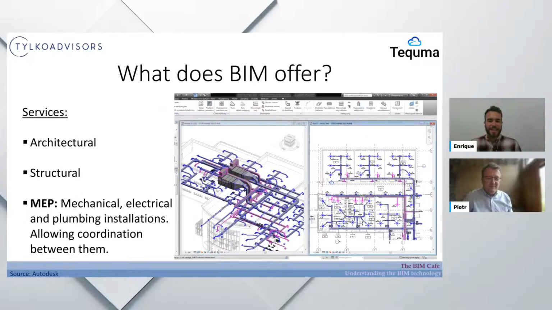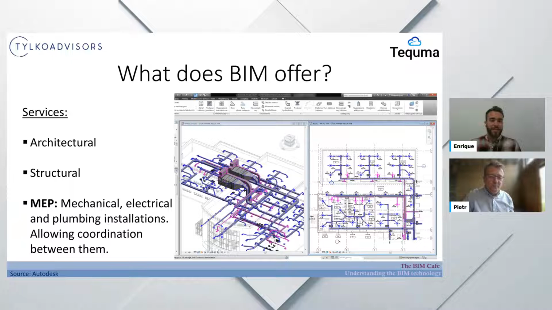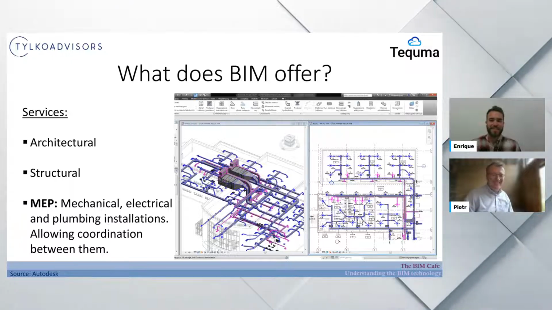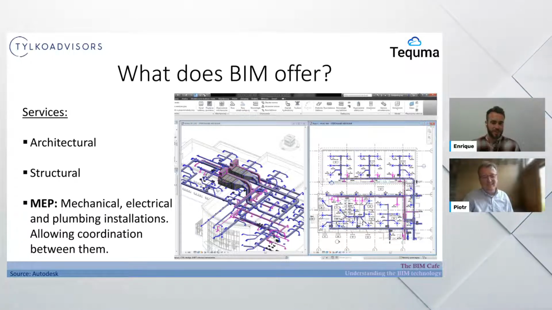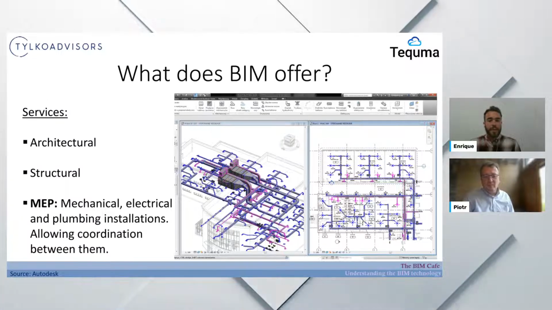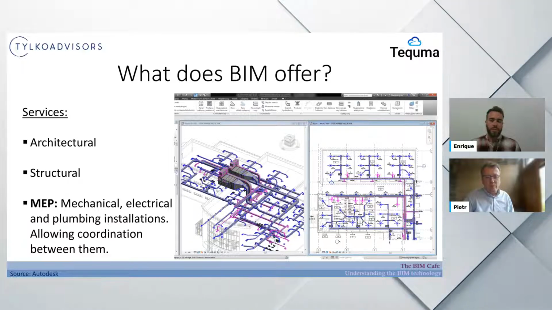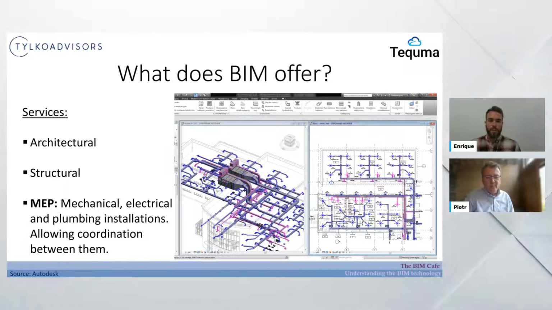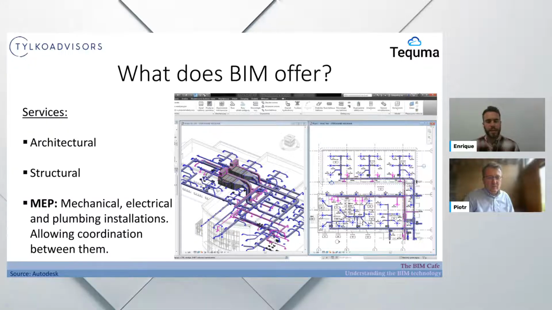And lastly, one of the main parts, the MEP, the mechanical, electrical, and plumbing installation, today can also be done. Some people talk about MEP-IT or MEPT for the telecommunication systems as well, because they also require their own network nowadays. And this is very important for the coordination between them, because usually we have people who run the electricity network and other ones doing the plumbing for the watering, for example, and they don't think about whether my system will clash or go through.